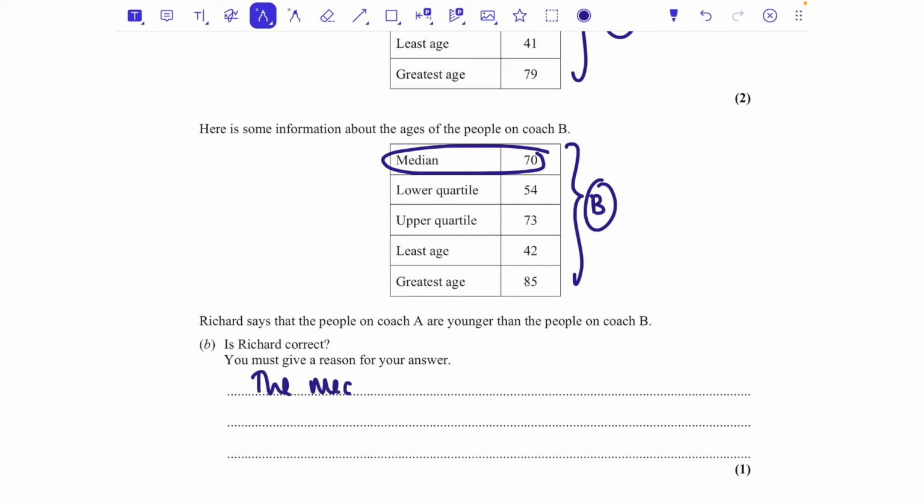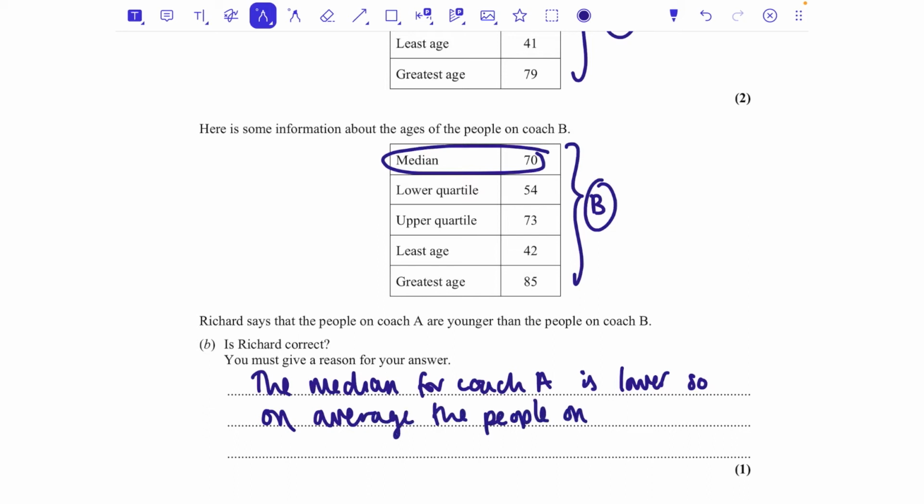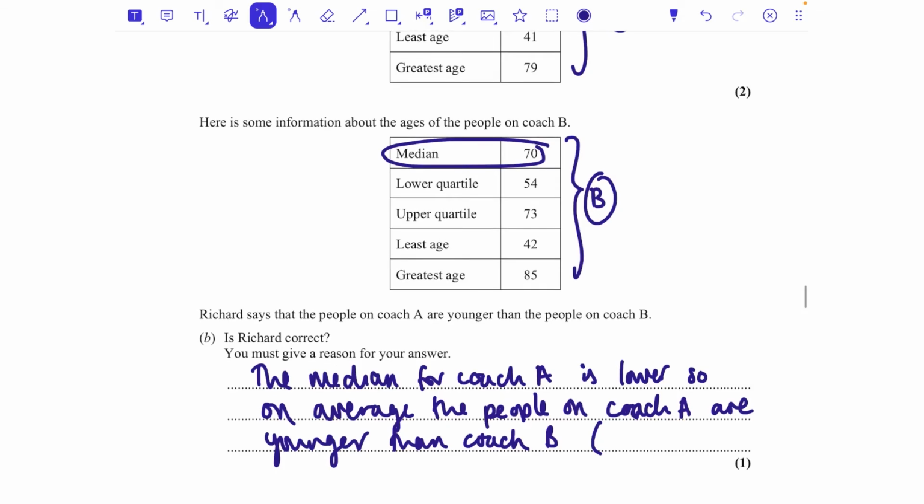The median for coach A is lower. So on average, the people on coach A are younger than coach B. And I'm just going to put the data there as well. 59 is less than 70.